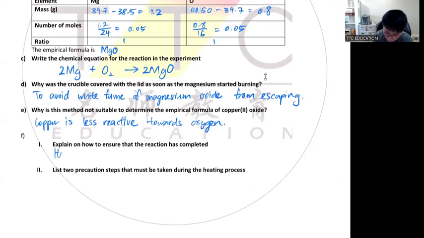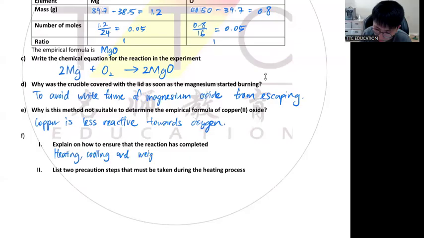So we can say heating, cooling, and weighing process are repeated until constant mass is obtained.